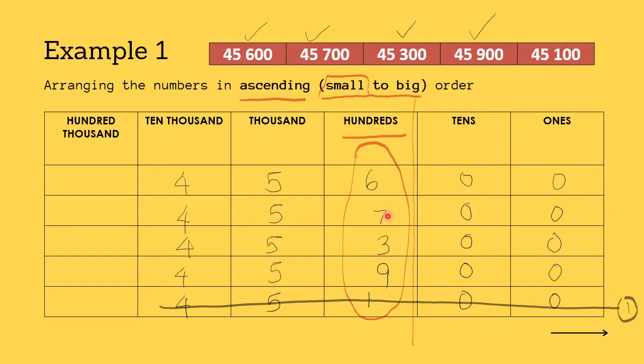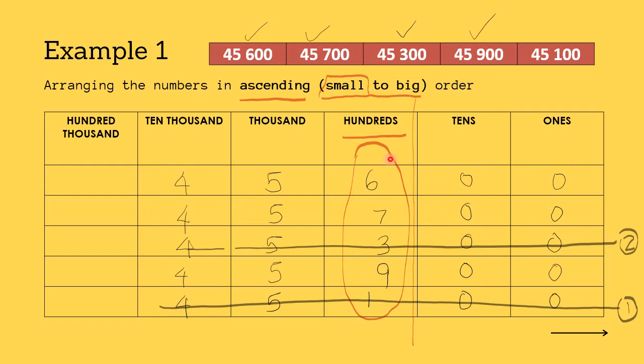So we have 6, 7, 3, and 9. Remember, we are ordering from small to big. The next smaller number is obviously 3. So just scratch that off from the list and write down number 2. So this will be the second number that you will write as your answer later on.